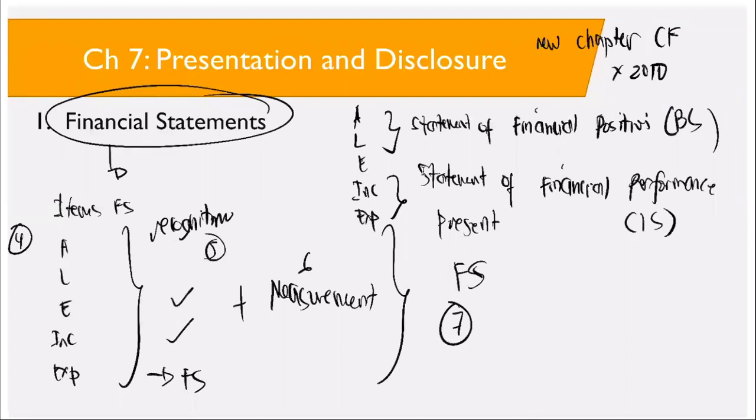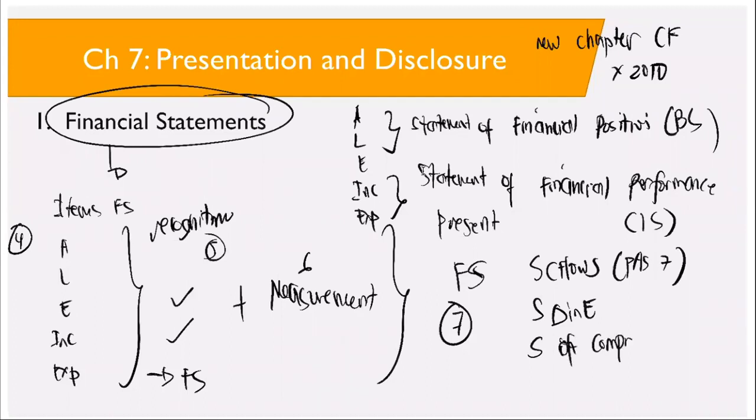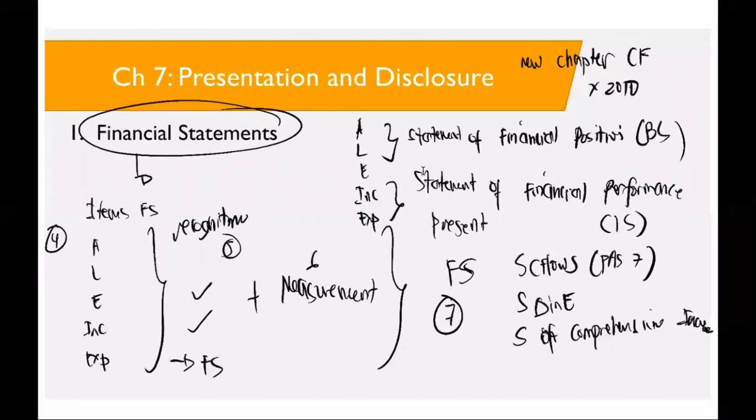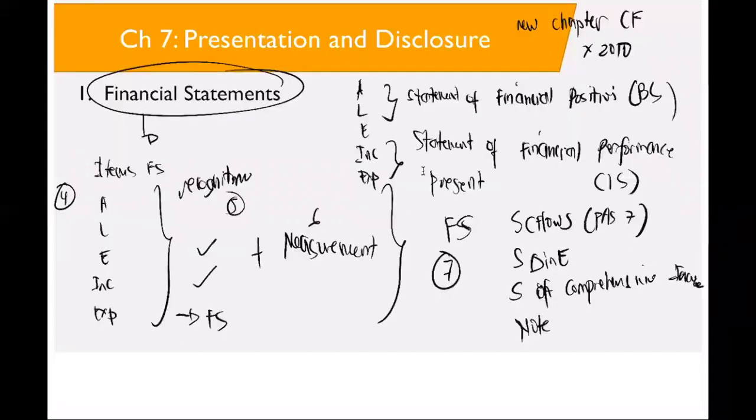Further, we also have your statement of cash flows. We have your statement of changes in equity. We have your statement of comprehensive income. We also have your notes to financial statement. Okay.